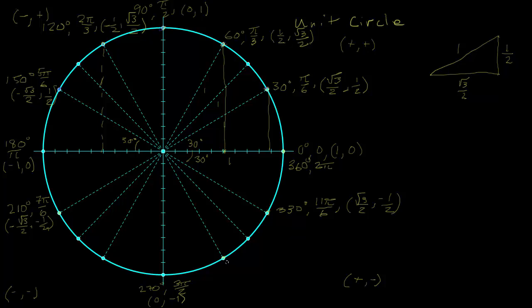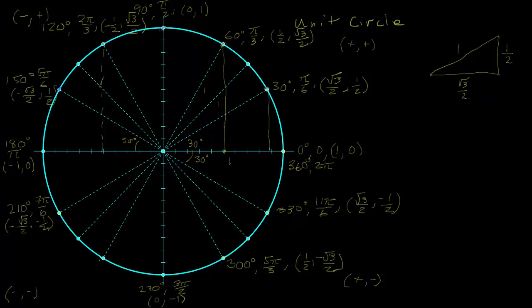This is 300 degrees, and 5 pi over 3. And the coordinates, again, positive 1/2, negative root 3 over 2. Same coordinates as this up here, but it's positive, negative.